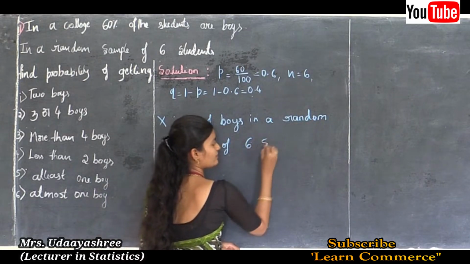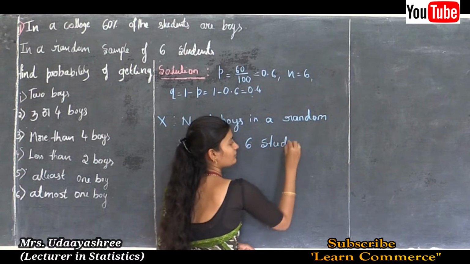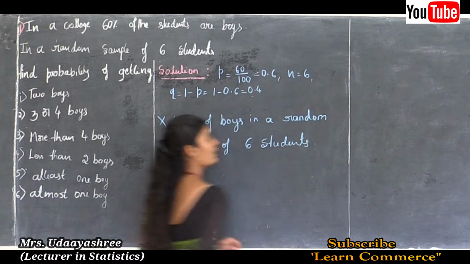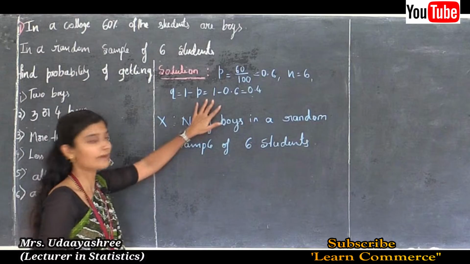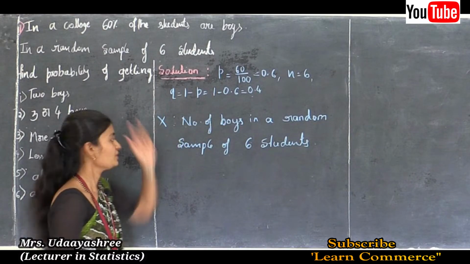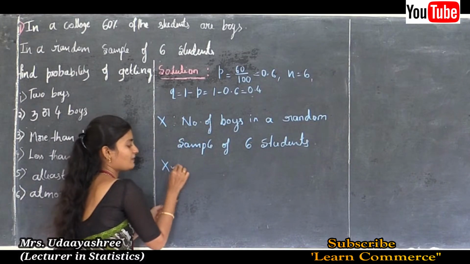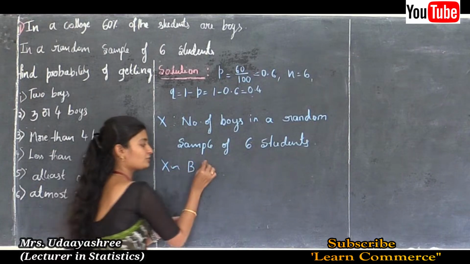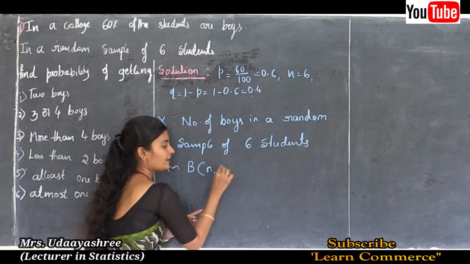Now we know that the parameters of the binomial distribution are n and p, so we can write that x follows binomial distribution with parameters n and p.